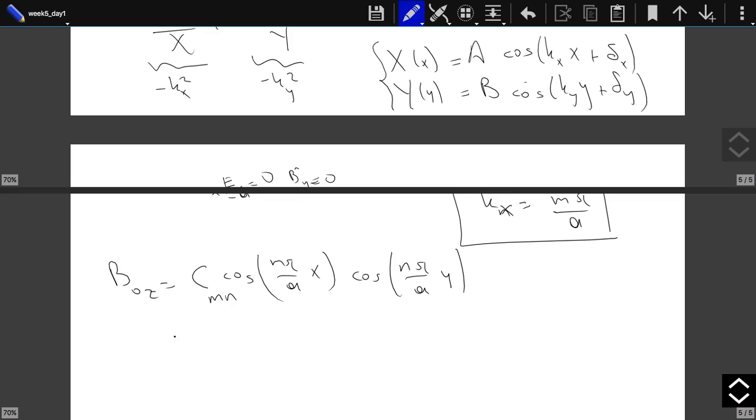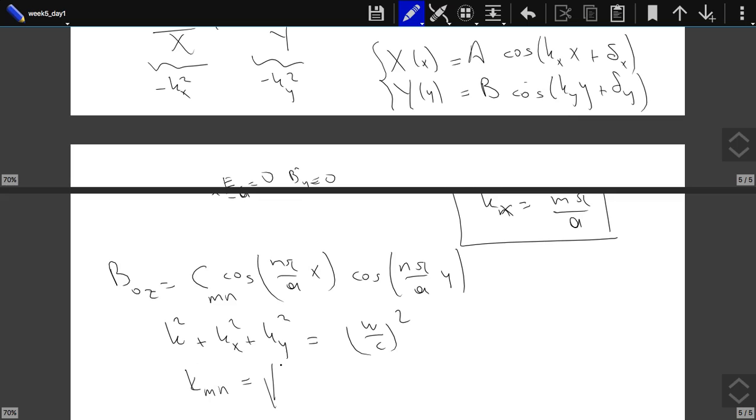Let's see, remember k squared plus kx squared plus ky squared was equal to omega over c squared. Now this tells me that I cannot have an arbitrary k, but only certain values of k are possible. Let me say kmn.